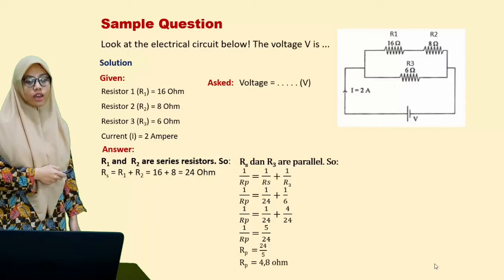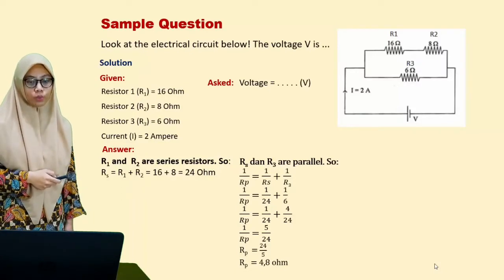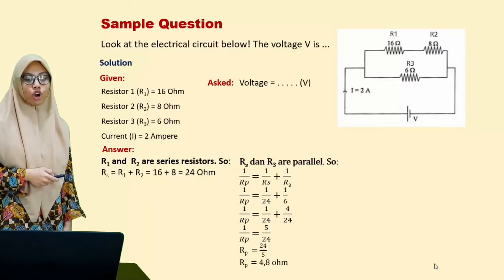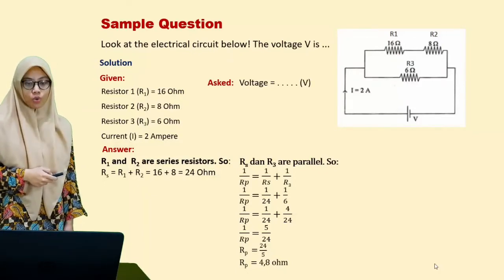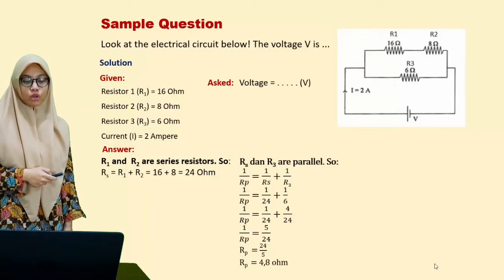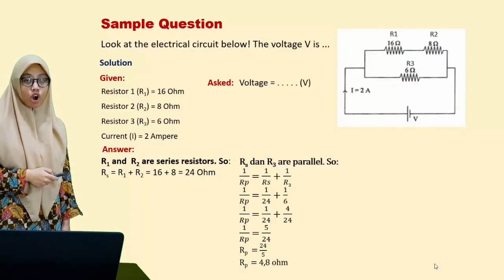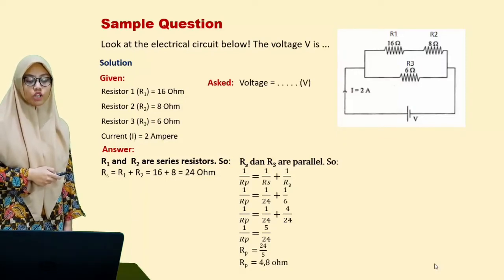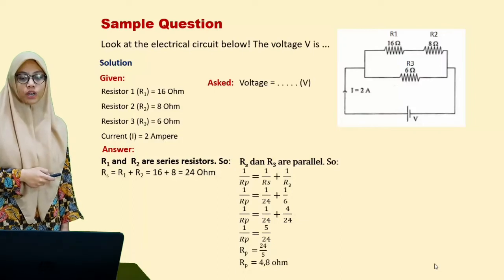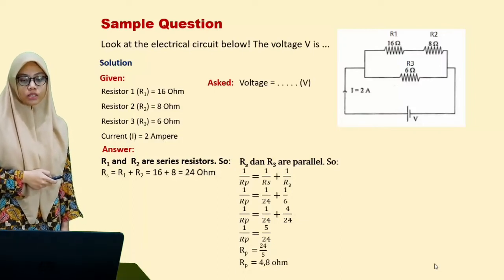Okay, now we enter the Rs value. We already get the value of Rs. The value of Rs is 24 ohm. So 1 per Rp, or 1 per resistor parallel, is 1 per 24 plus 1 per 6.